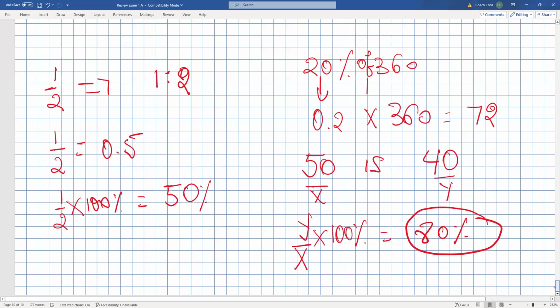All right, so roughly this exercise was a quick review to help those getting ready to pass whatever exam or test or quiz regarding proportion, regarding fraction, percent, decimal number, ratio, and stuff like that. All right.